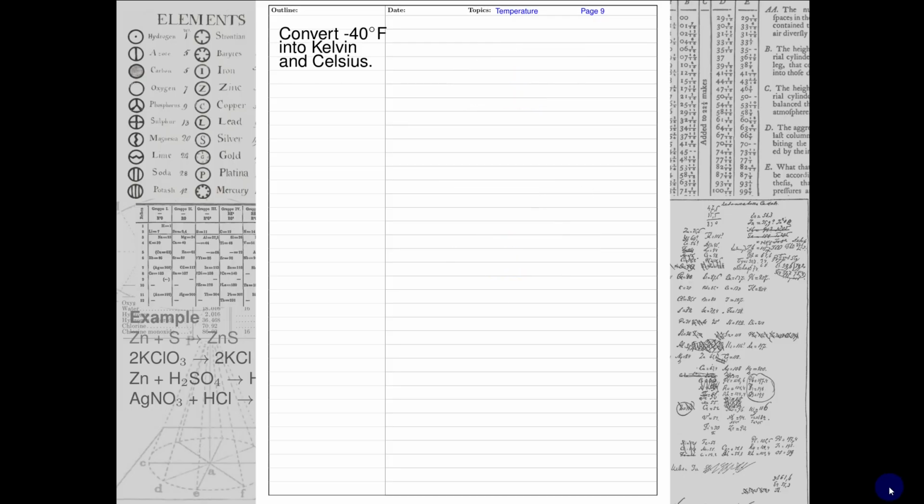And finally, for our last example, let's convert negative 40 degrees Fahrenheit into Kelvin and Celsius. We'll start out with Fahrenheit into Celsius because we have to convert into Celsius to get to Kelvin anyway. We'll substitute negative 40 into the Fahrenheit. So negative 40 subtract 32, that is negative 72.